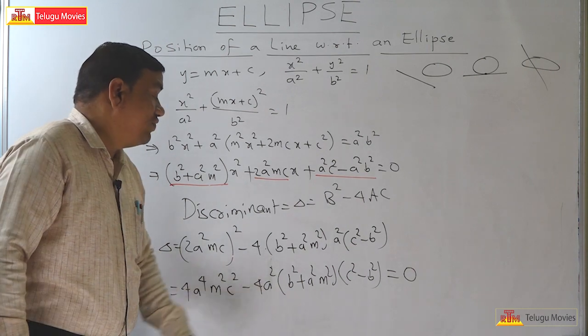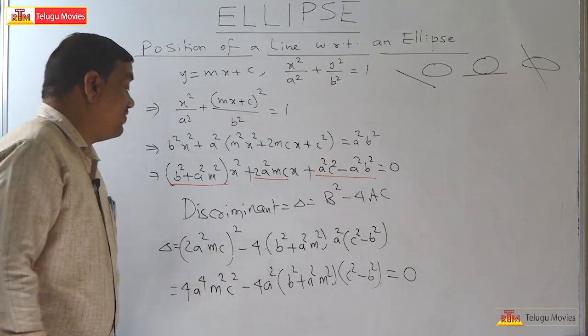Now let us simplify this. Here 4 will get cancelled, a square also will get cancelled.